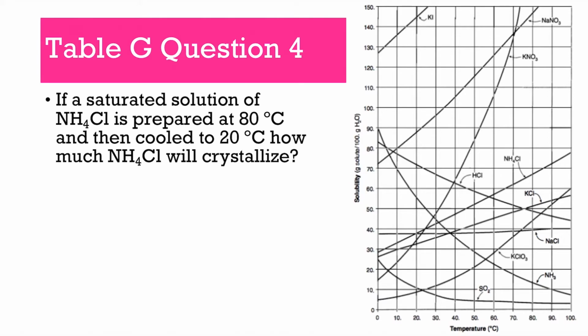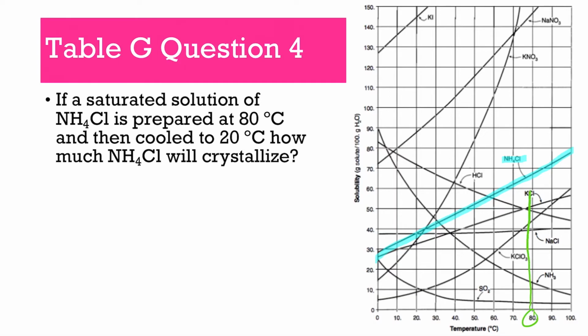Another type of question is something that looks like this. If a saturated solution of NH4Cl is prepared at 80 degrees and then cooled, how much NH4Cl will crystallize? So now we're going to look at NH4Cl, which is this blue line here. If it's giving you two temperatures and asking how much is crystallizing, it wants you to look at the before and after values.